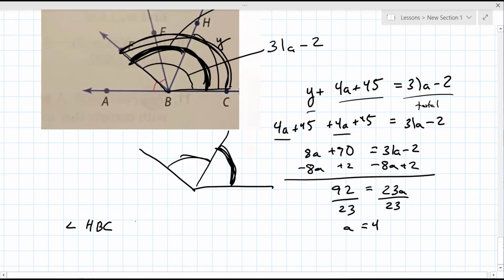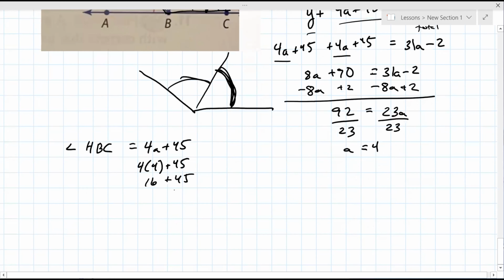And HBC is what I was calling y for a while, but it's this 4a plus 45. It's 4 times 4 plus 45, 16 plus 45. So that's 61 degrees.